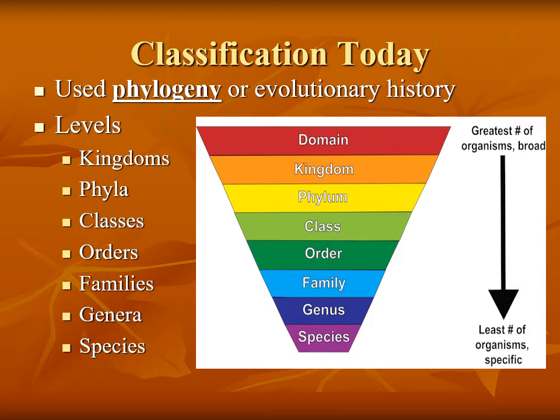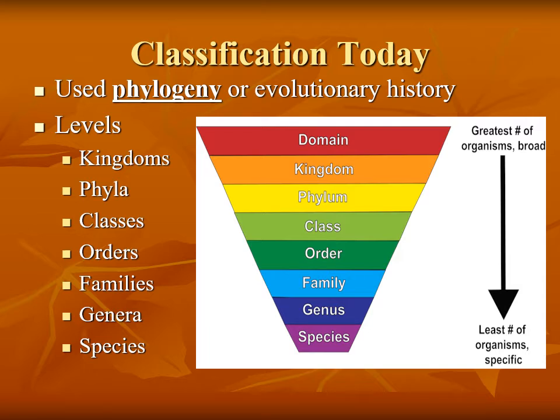So, for example, there are many species within a genus, many genuses in a family, many families in an order, many orders in a class, many classes in a phylum, and of course, many phylums in a kingdom, because when you get up to a kingdom, which we're more familiar with, like kingdom Animalia, that is all the animals on our planet. That's a lot of organisms. And then you can narrow it all the way down to a species like Homo sapiens, which is just the humans on our planet. Okay?